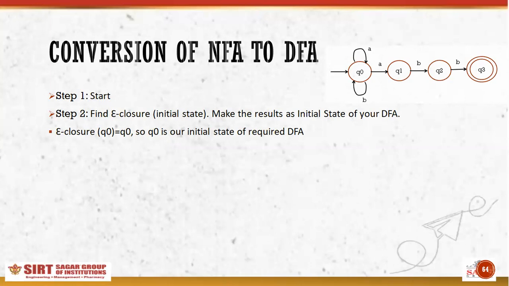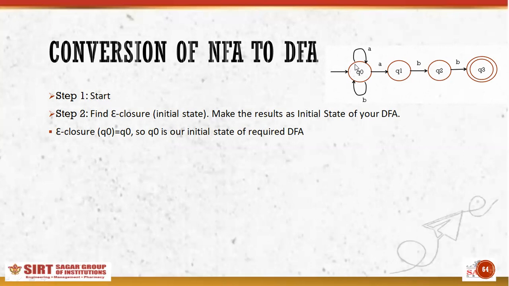So the epsilon closure of the initial state, that means Q0. If we give a null string to Q0, or in other words if we give nothing to Q0, where can we make the transition? The answer is Q0 itself.